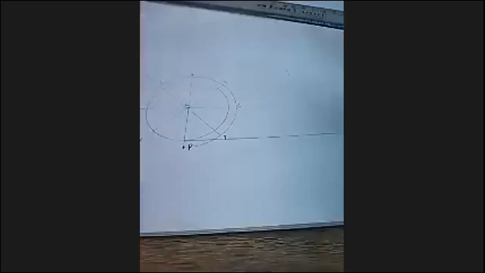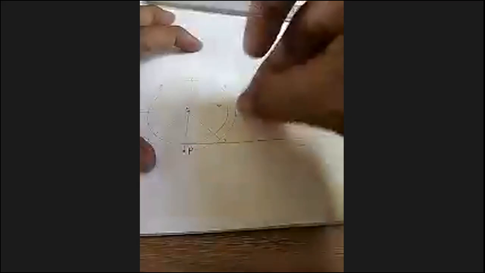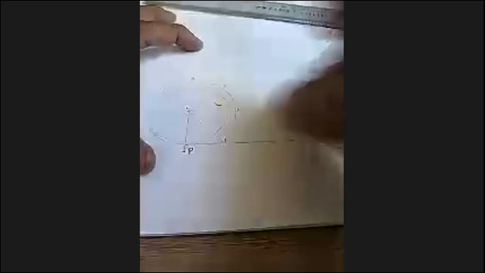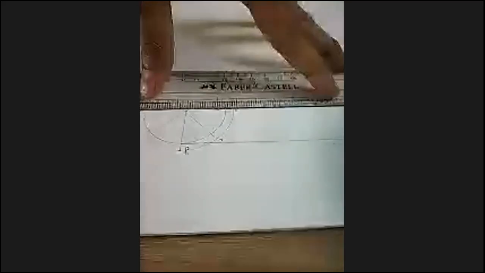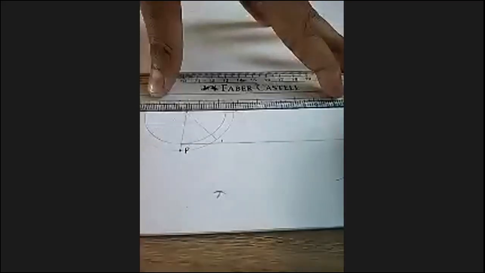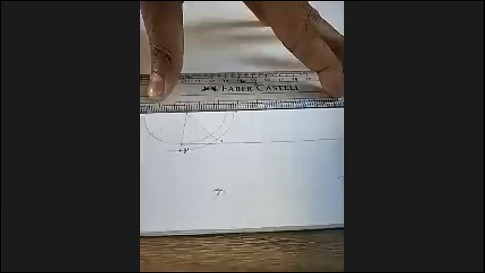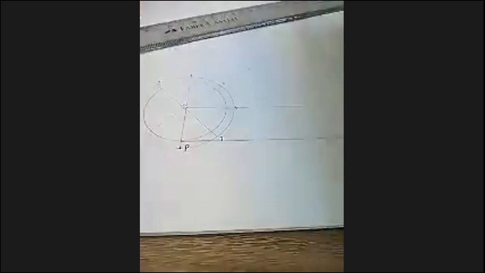Answer me. How we will divide these? No. In a very initial lecture you may have learned this. How to divide any line into equal parts. Parallel angled line. Correct. So you divide this into eight equal sections.